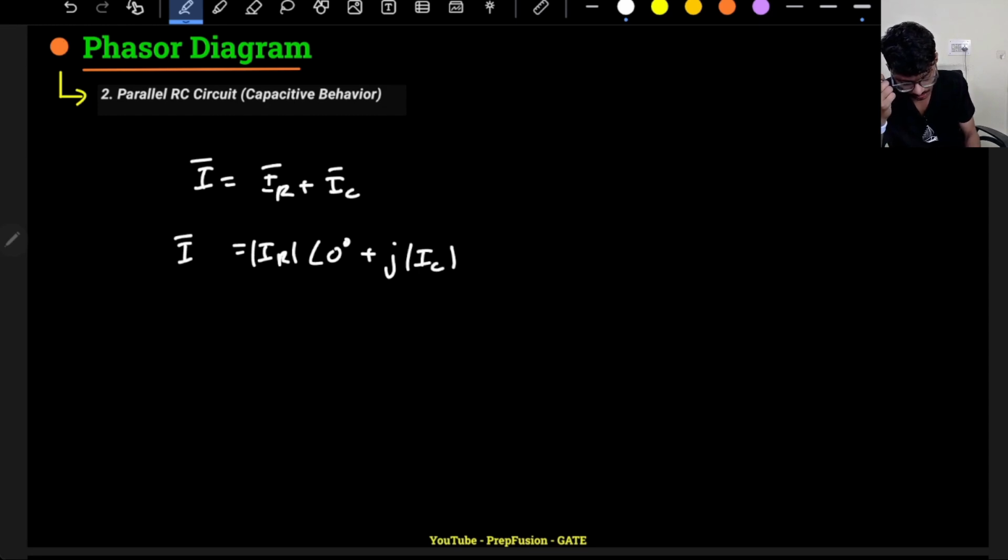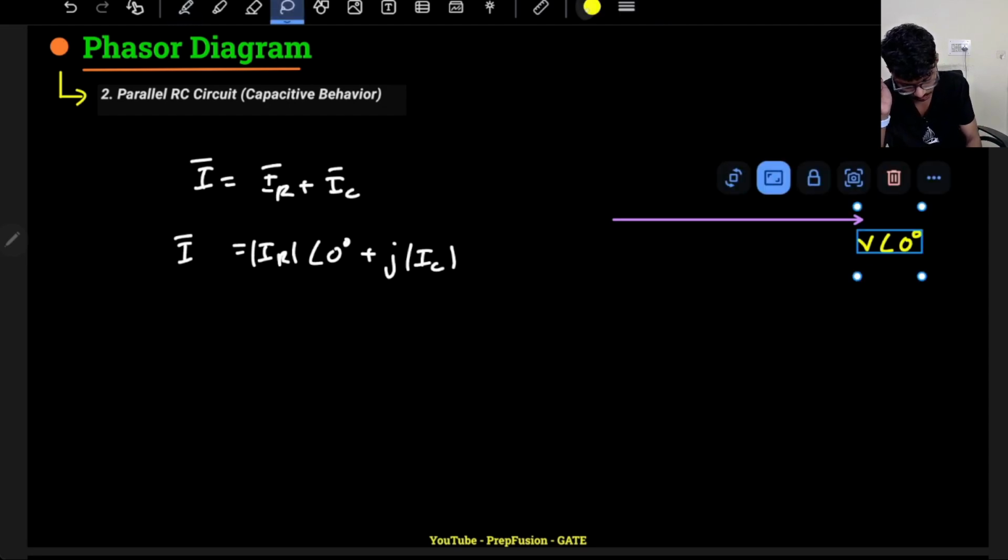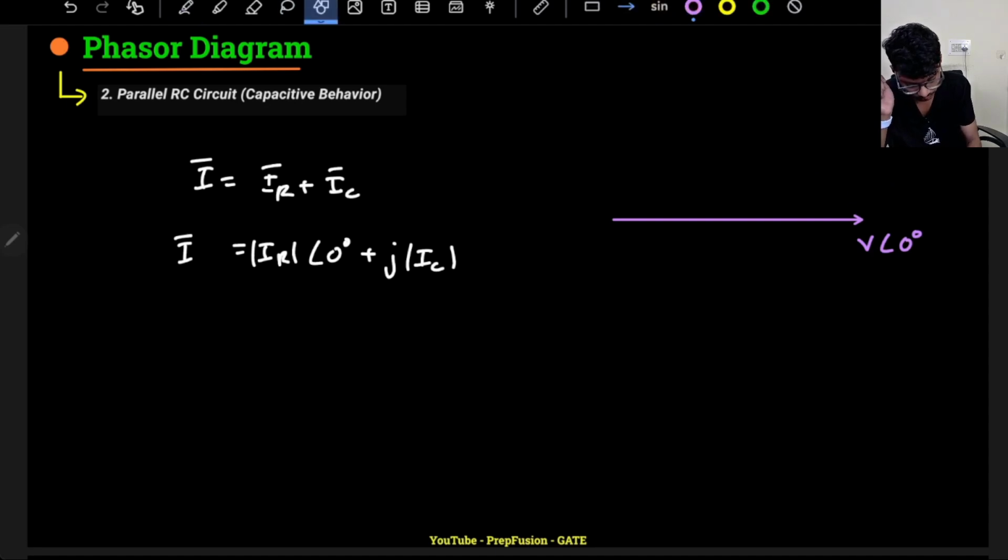That is my I. So ultimately, if I draw the phasor diagram, this is my V, angle 0 reference, and from here I will be IR angle 0.